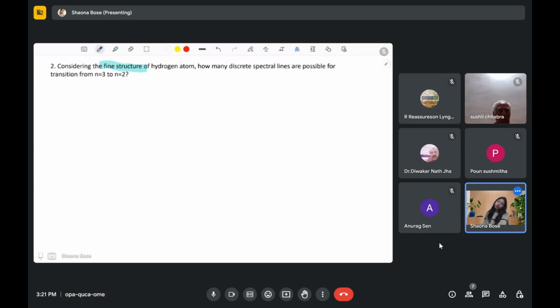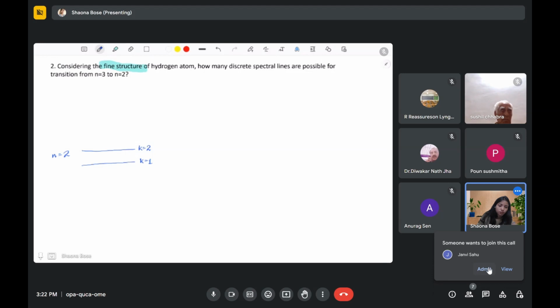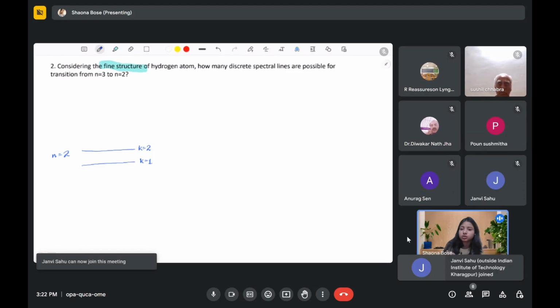Okay, so you see, for n is equal to 2, you have 2 lines: one is the k is equal to 1 line, and the other is the k is equal to 2 line. We are talking about the fine structure of the hydrogen atom, not just n is equal to 1 and one line, not one orbit.